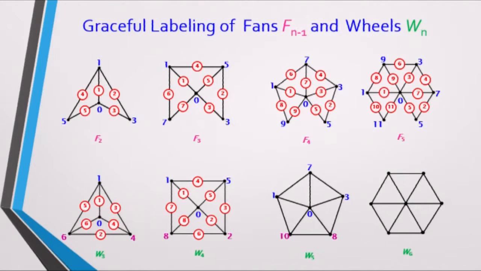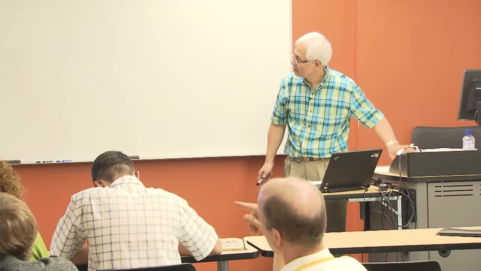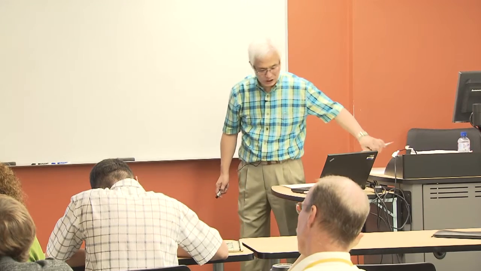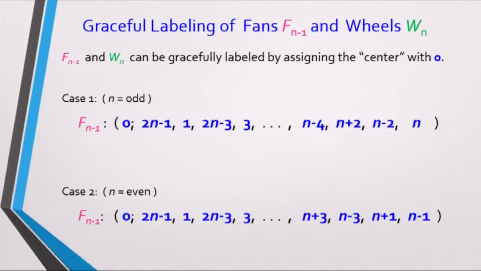Same thing as this. So to generalize this graceful labeling of fans and wheels, start with the center vertex as 0 and the outside will be just the odd numbers. Same thing, center will be 0, outside will be odd numbers.